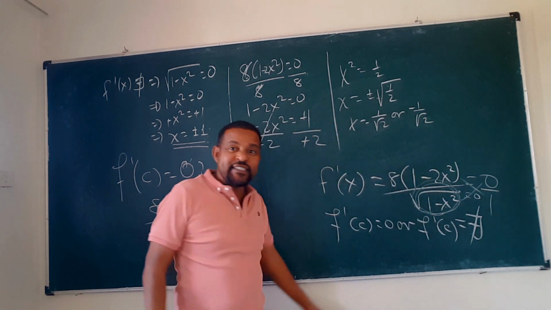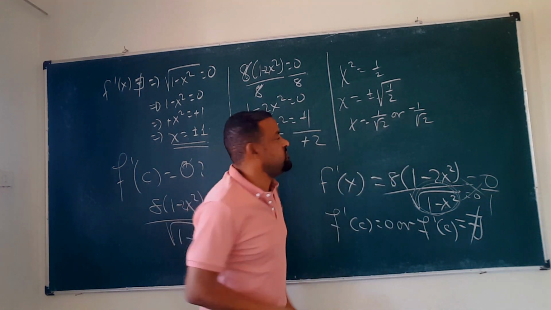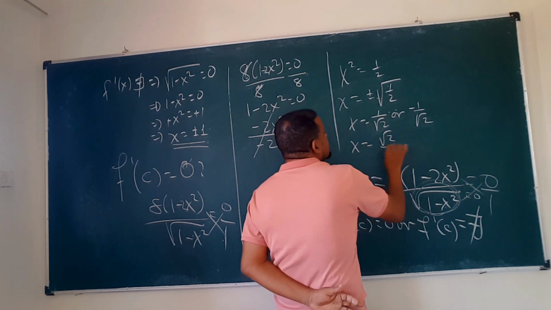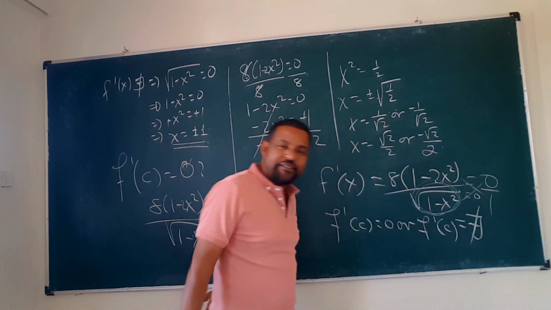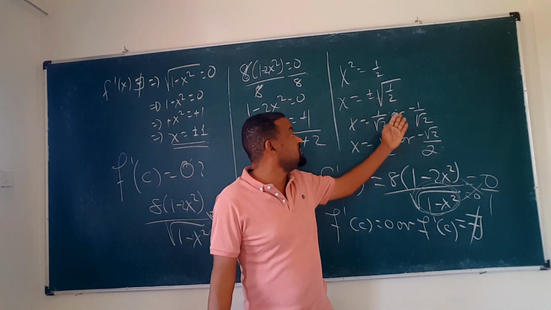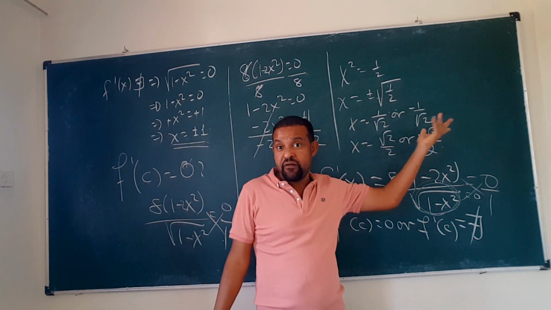If you rationalize them, x is equal to radical 2 over 2 or negative radical 2 over 2. Rationalize, multiply radical 2 over 2, grade 9, right?